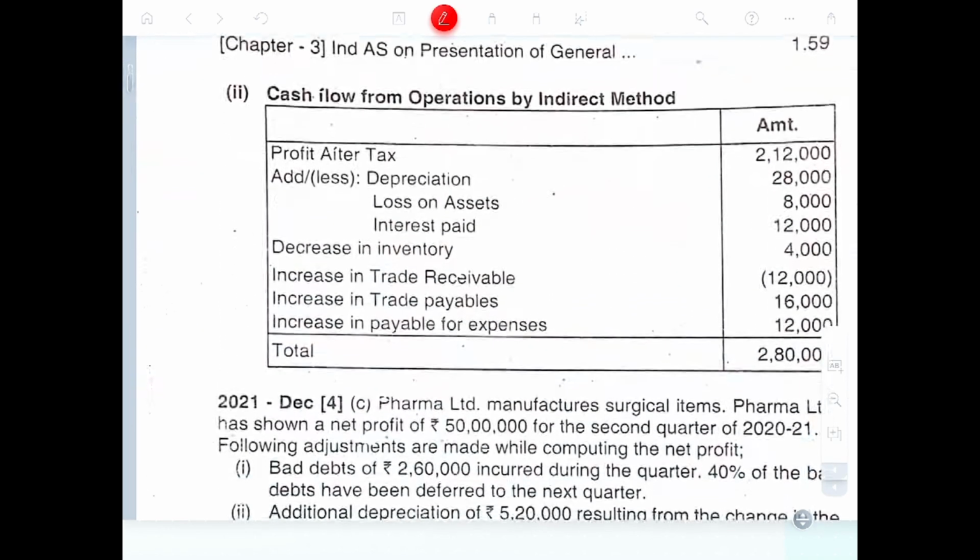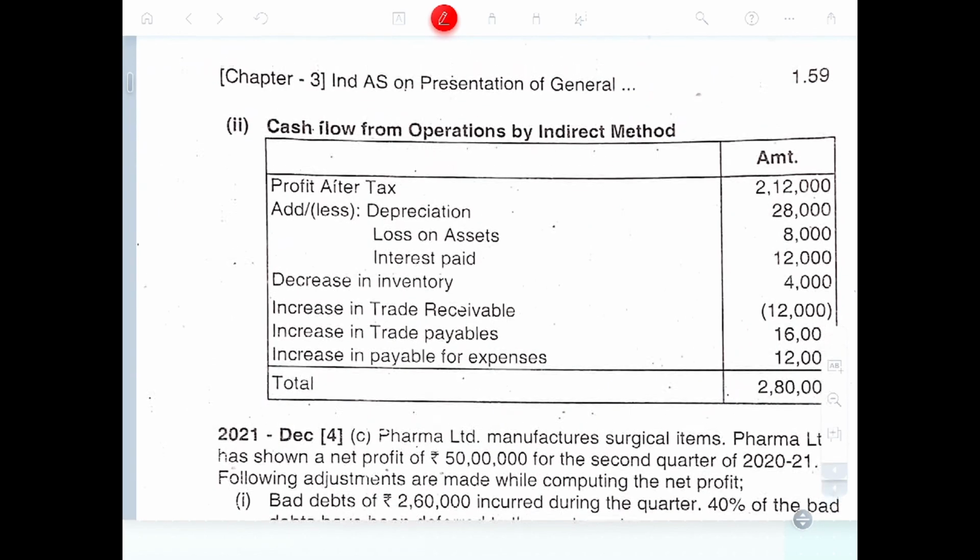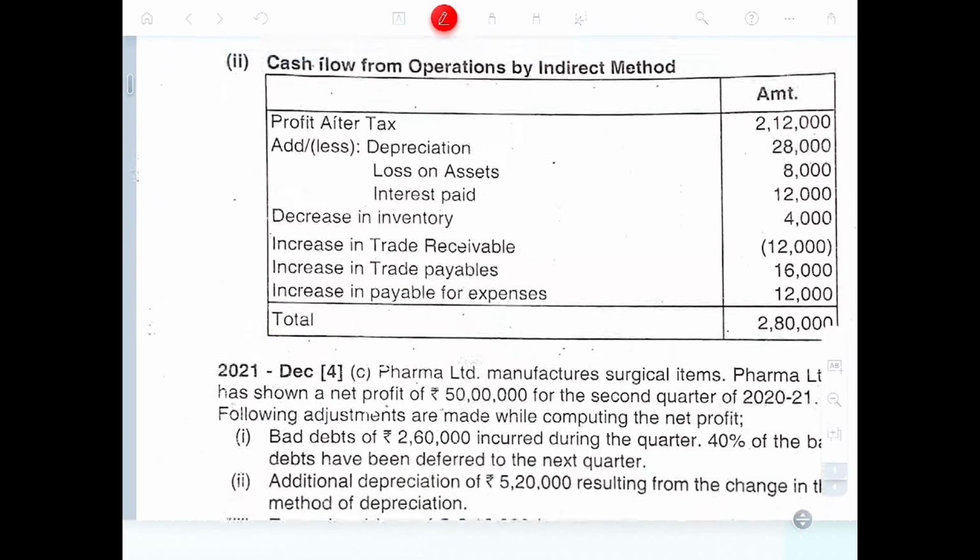That's all. Cash flow from operating activities by the indirect method.